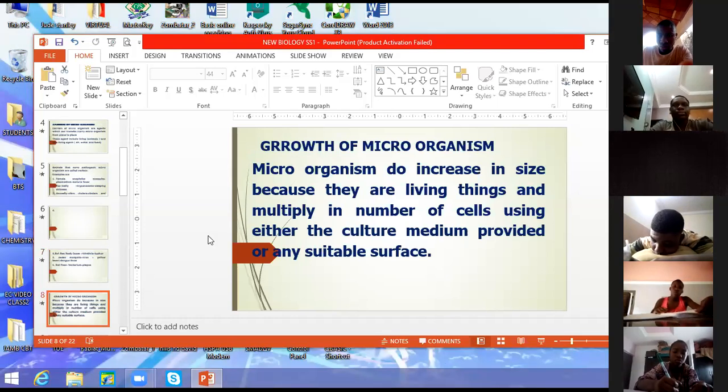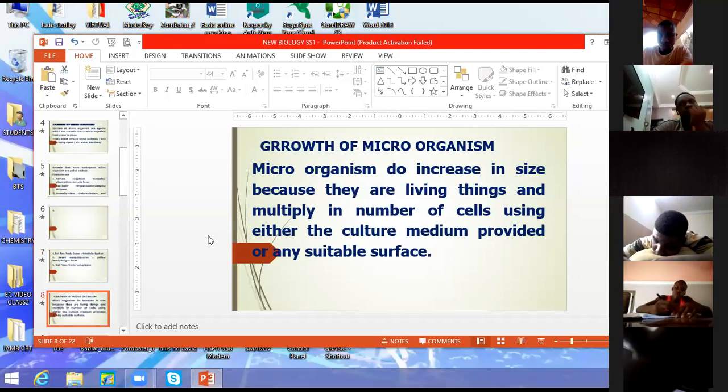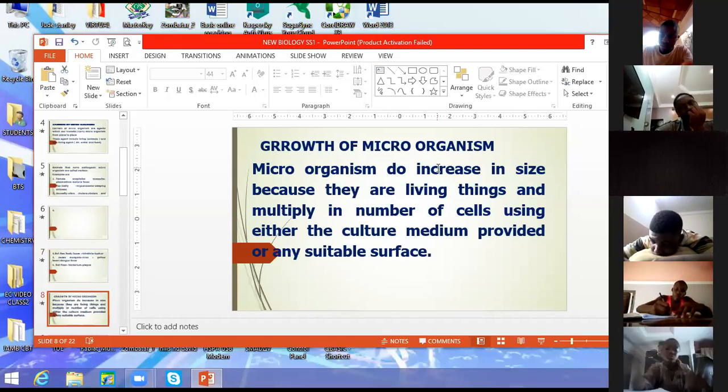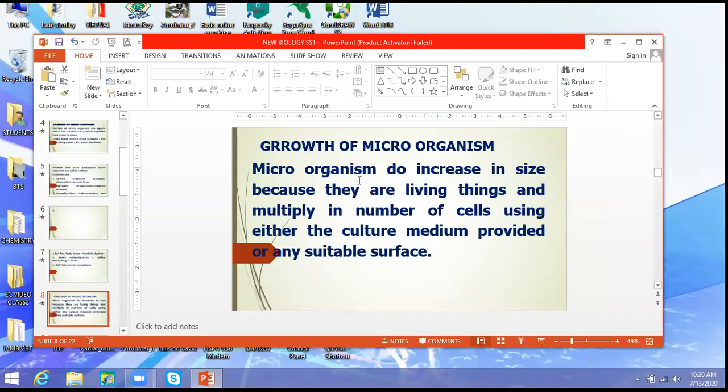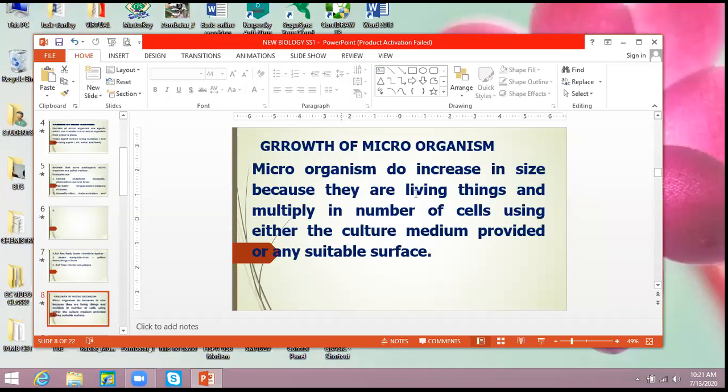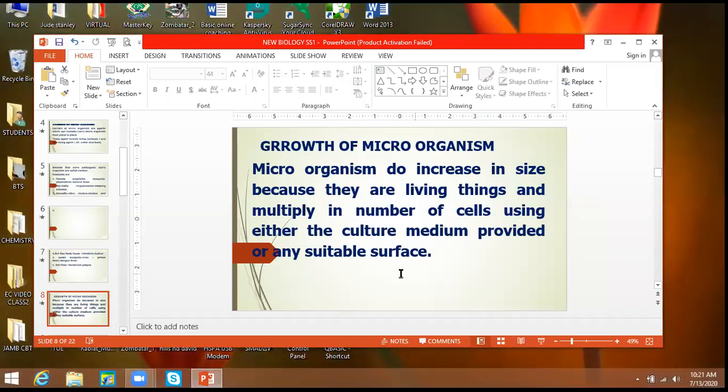Growth of microorganisms. Microorganisms do increase in size because they are living things, and they multiply in number of cells using either the culture medium provided or any suitable surface. They can use the culture medium, that's the agar you provide for them.